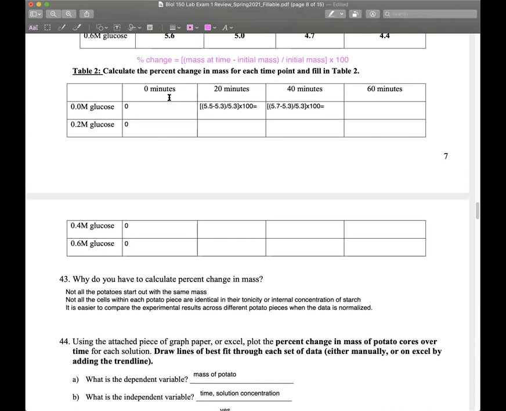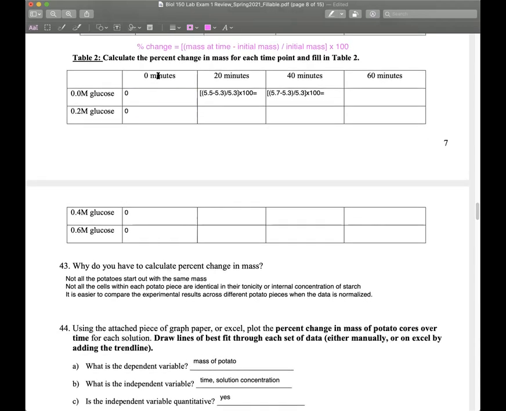So time is continuous because between 0 minutes and 20 minutes, those might be the times that we decide to measure the mass of this potato. But think about all the little increments that exist between 0 and 20 minutes. You could look at it minute by minute, so 0, 1, 2, 3, 4, 5, all the way out to 20 minutes. Or we could look at it every half a minute, every 30 seconds, every 20 seconds, every half a second or every millisecond.